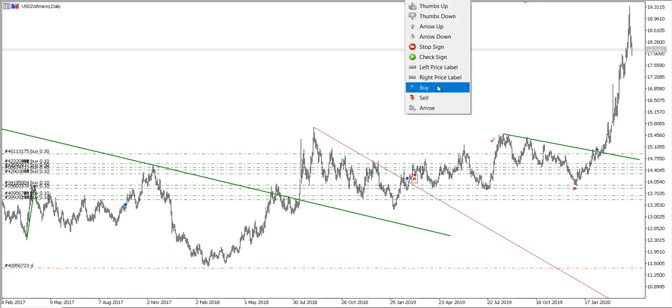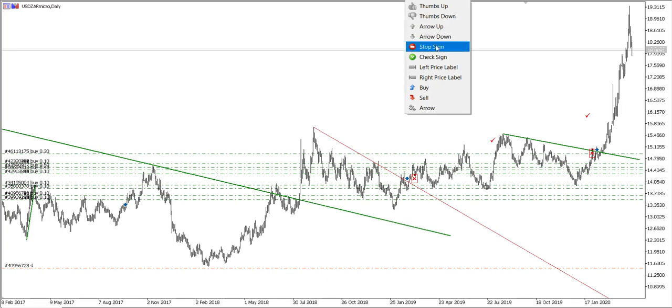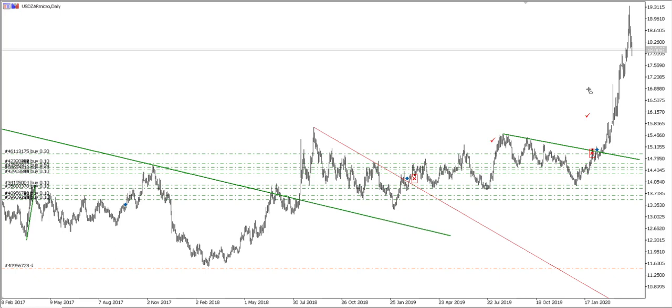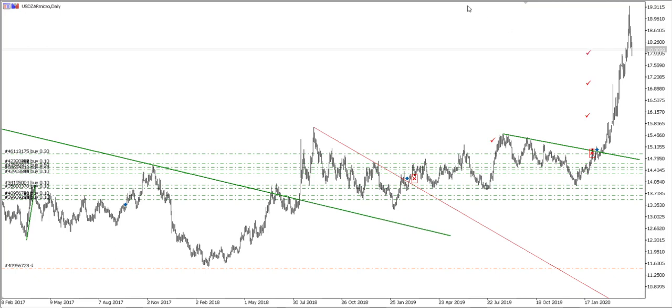Stop here, and our check signs 1:1 around here, hit, move the stop back here. Now we're back in the trend movement. 1.5 hit, 2 hit, 3 hit, 4 hit.